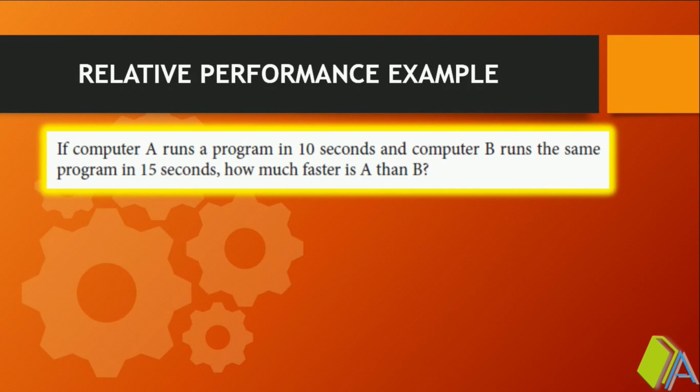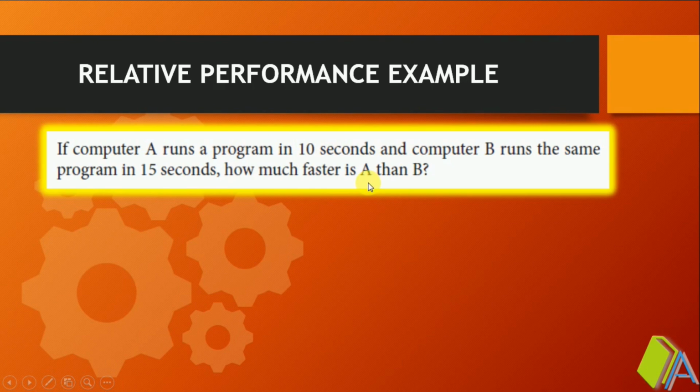For example, you have two different computers, A and B. A has an execution time of 10 and B has an execution time of 15. From these given parameters itself, we can conclude that A is faster as its execution time is less. But the question is, how much faster is A than B?